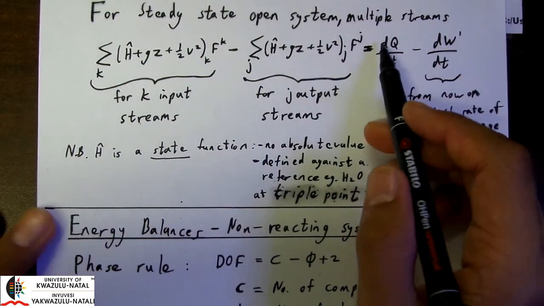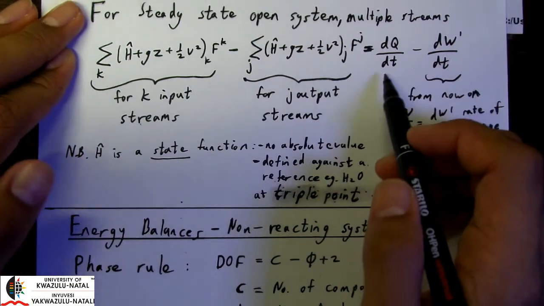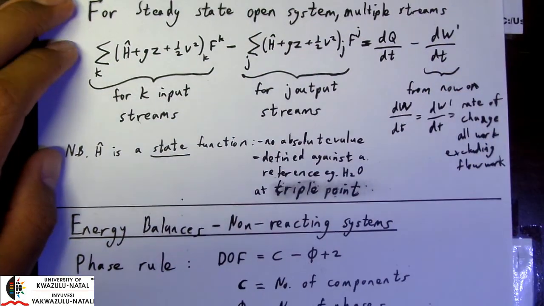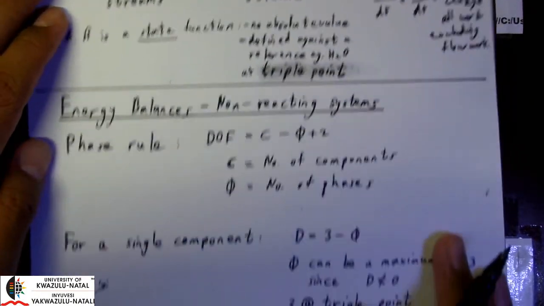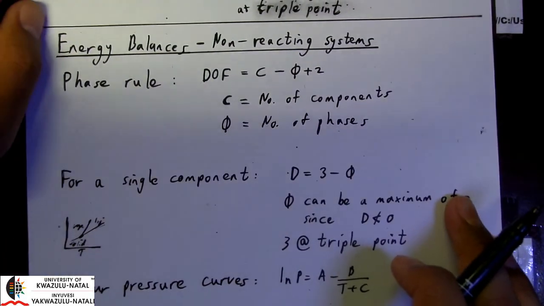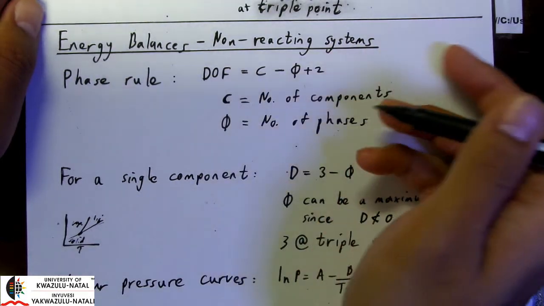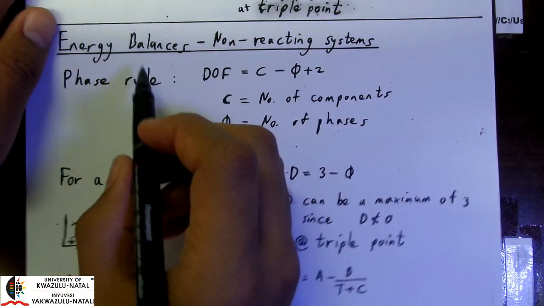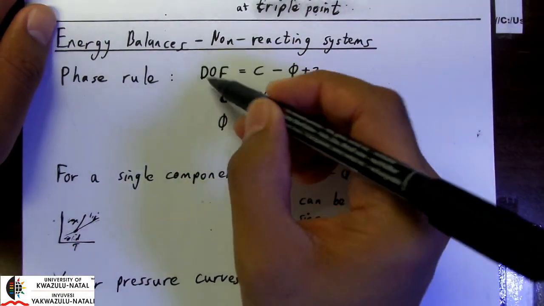Okay, so now that we know about our energy balance, let's look at what it means for our non-reacting systems. Firstly, we can note our phase rule, or our degree of freedom analysis.